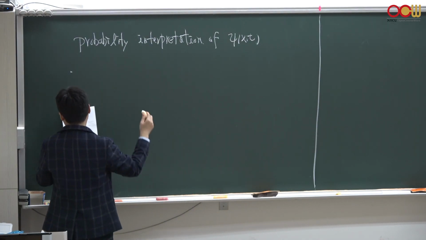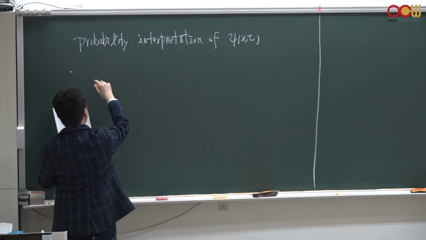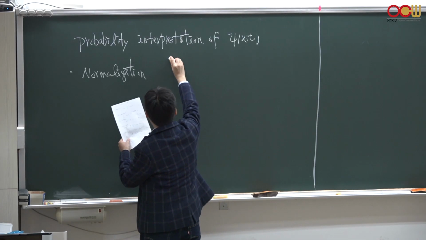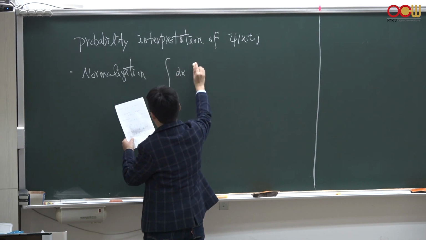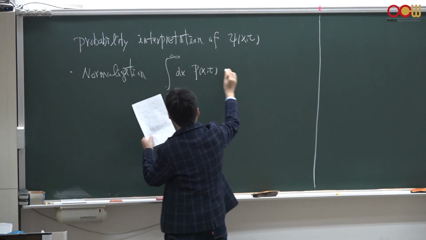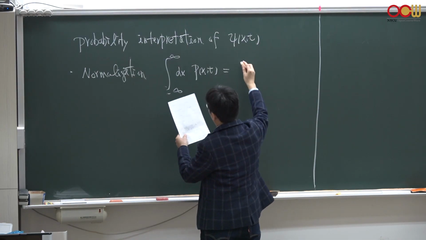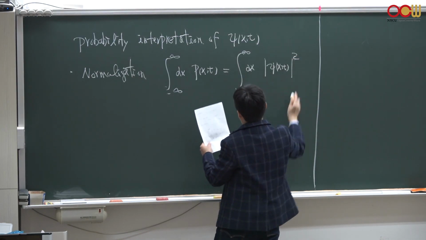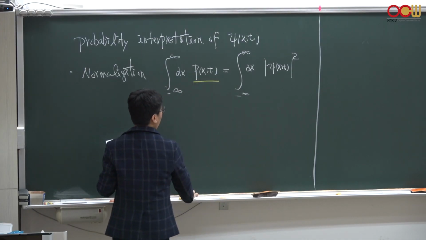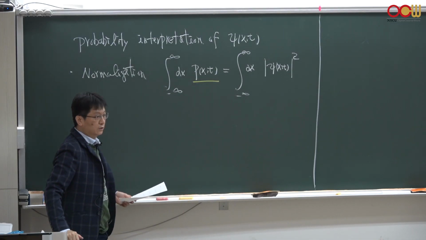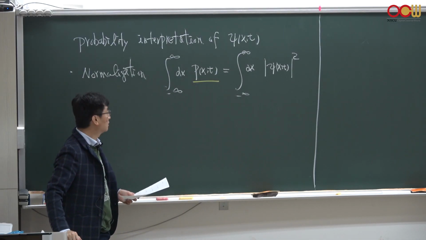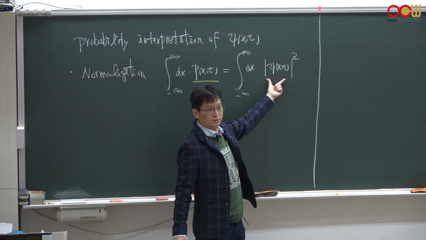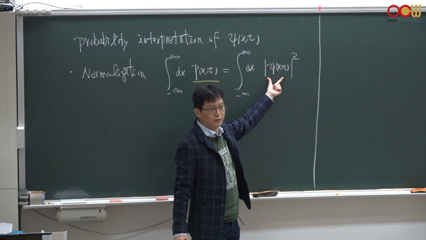The real probability is the square magnitude of this psi. The normalization condition requires that when you sum over all the probability densities, which I call P(x,t), the probability density function, which is nothing but the magnitude square of the Schrödinger wave function psi(x,t).